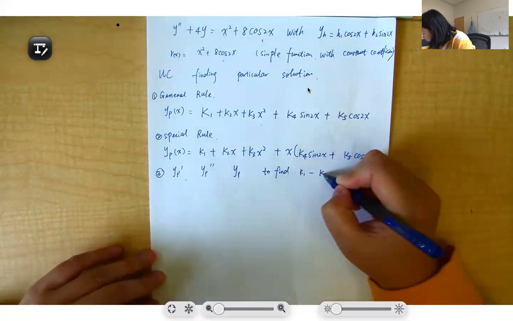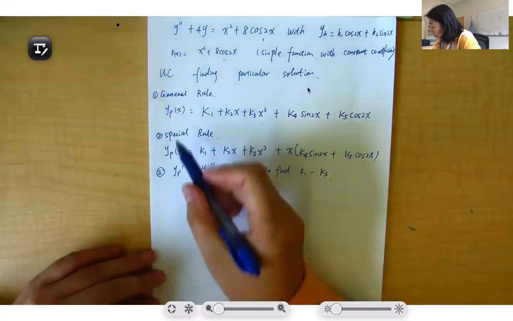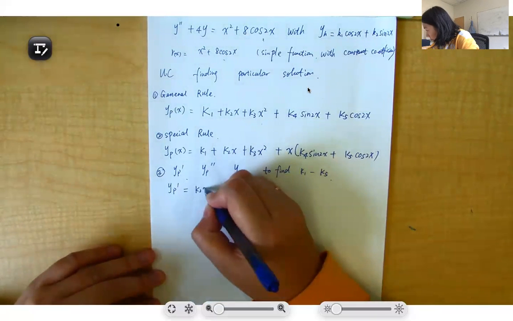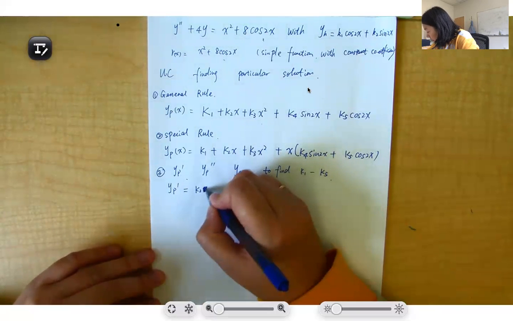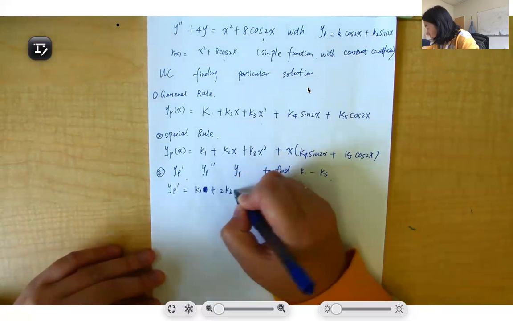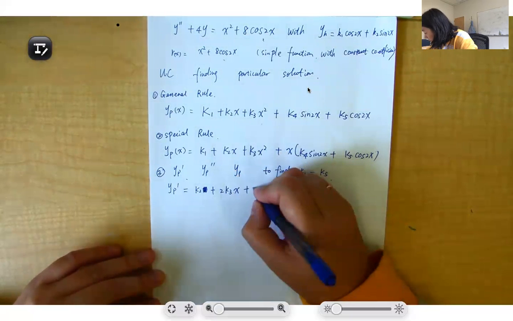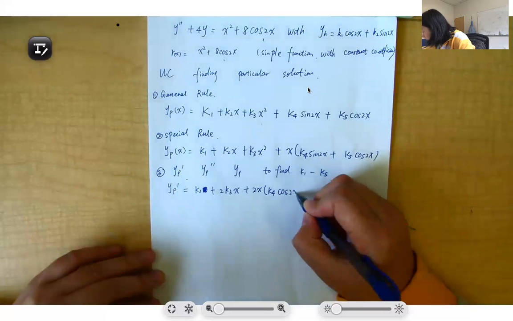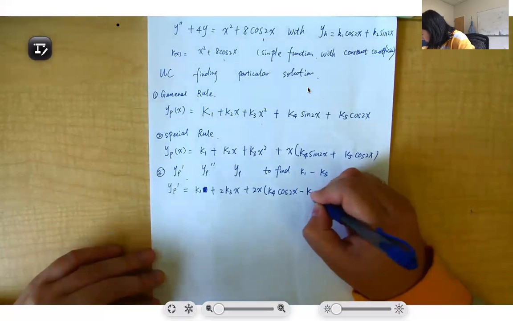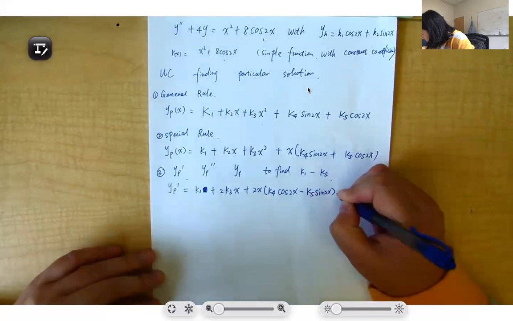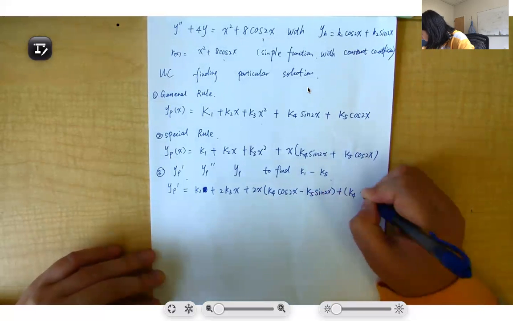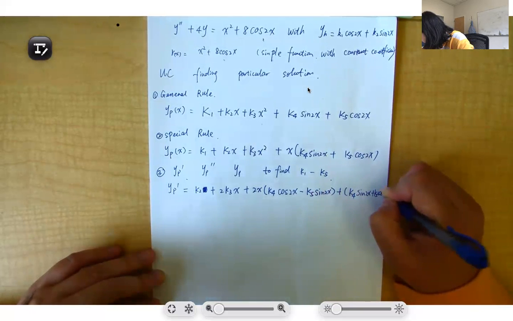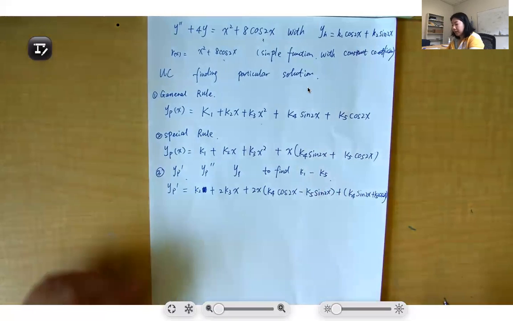You know yp, and you should know what yp prime is: it's k2 plus 2k3x plus 2x times k4 cosine 2x minus k5 sine 2x, plus k4 sine 2x plus k5 cosine 2x. Okay, that is yp prime.